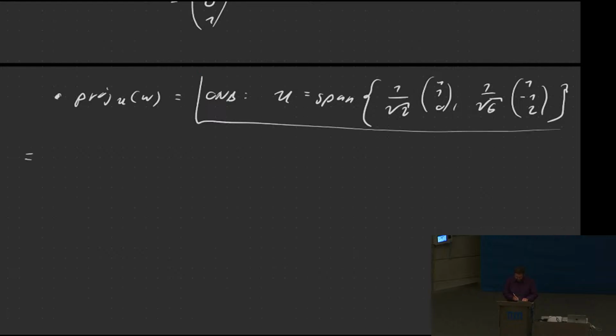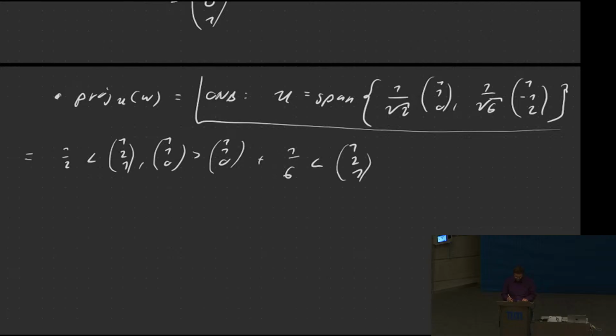Right, so that projection of W, which is (1, 1, 1): we have 1/2 times 2 times (1, 1, 0). And you'll notice I took out those 1 over square root of 2 already and combined them. And then I have 1 over 6 times (1, -1, 2) times (1, -1, 2).